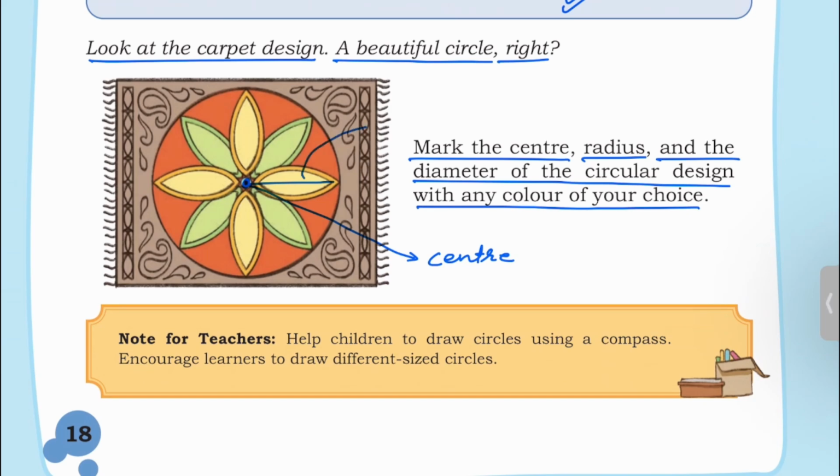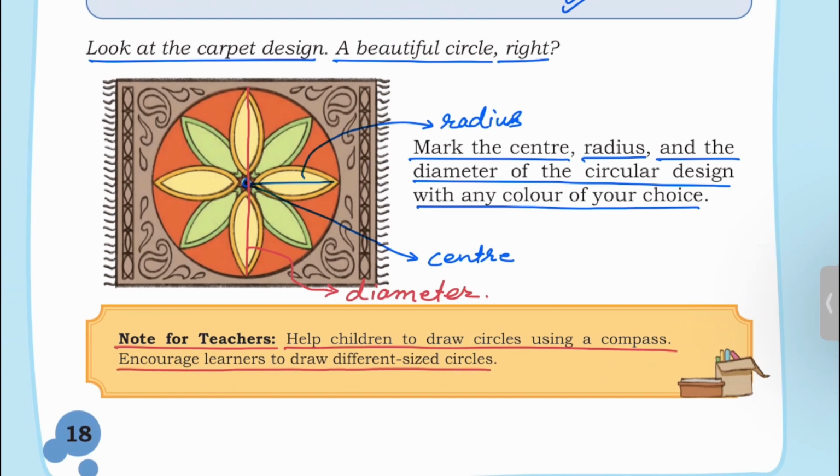This length is the radius, and this length, that is double the length of the radius, is the length of the diameter. Note to the teachers: help children to draw circles using a compass. Encourage learners to draw different sized circles.